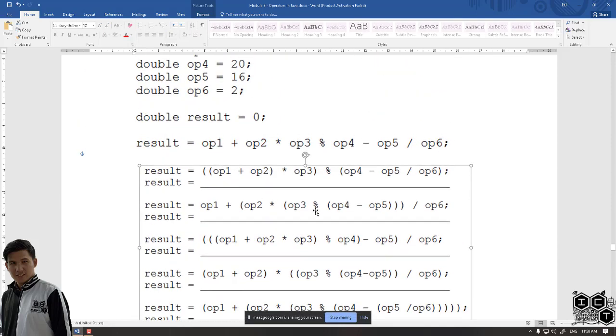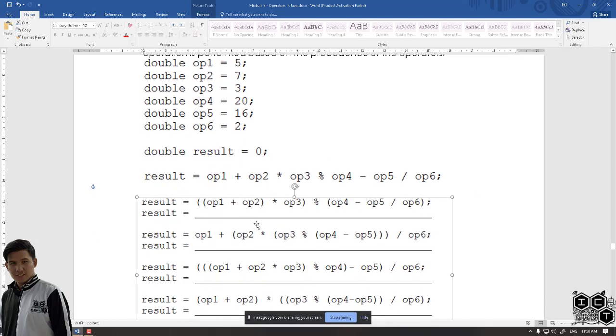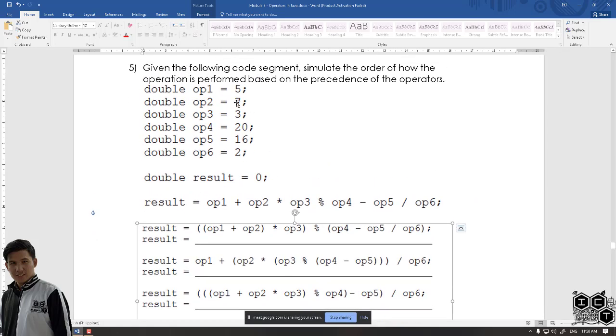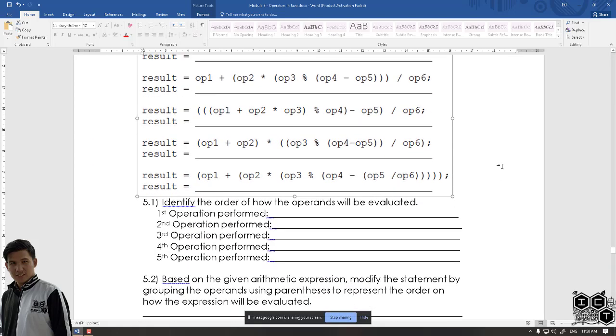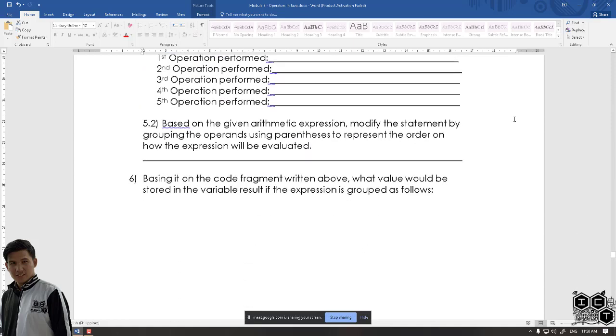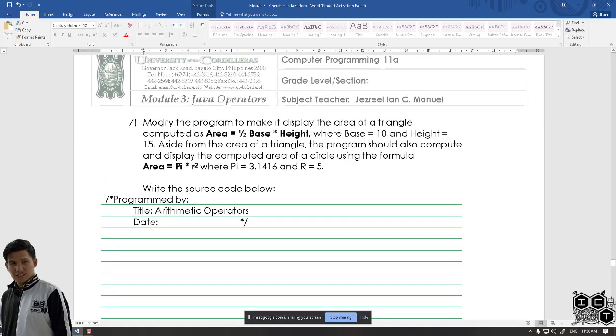Ganyan siya. Okay, nabaliktad ko. So the value of OP1, OP2, and to OP6 are the following. Yan. Okay, so parang ganun lang din yung parang kanina lang din. Okay, ito yung medyo challenge naman.